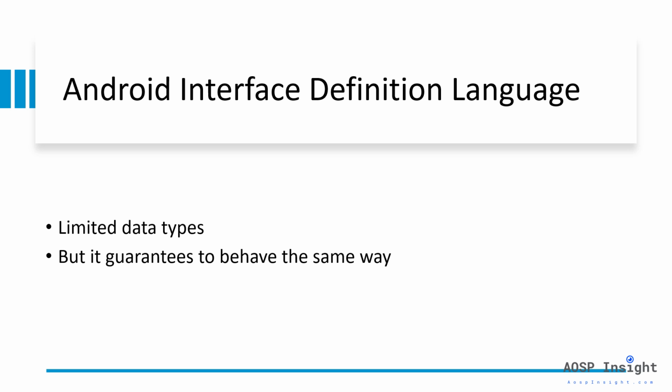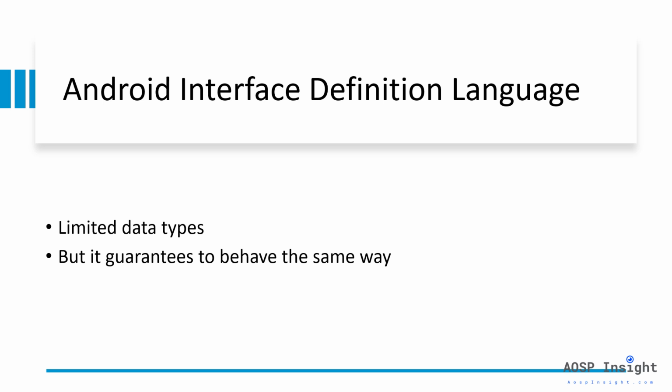Having one data type in Java doesn't mean that C++ provides the same data type. But the IDL, or AIDL, guarantees that if you define something in that format, the data type will be provided in all the programming languages. That's the main reason for having some restrictions.